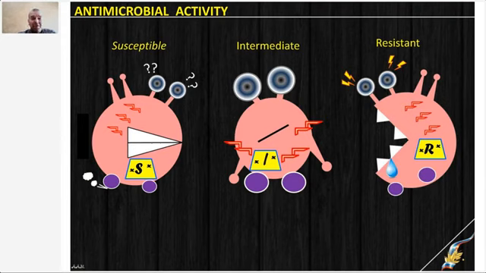Susceptible bacteria is bacteria for which minimal inhibitory concentration is much lower than toxic concentration. It means that if you give the drug at a minimal dose, it will kill bacteria, but it will not harm your subject. And actually, susceptible bacteria is a bacterial strain which is inhibited in vitro, in a test tube, and some other tests, by a concentration of a drug that is associated with a high likelihood of therapeutic success.